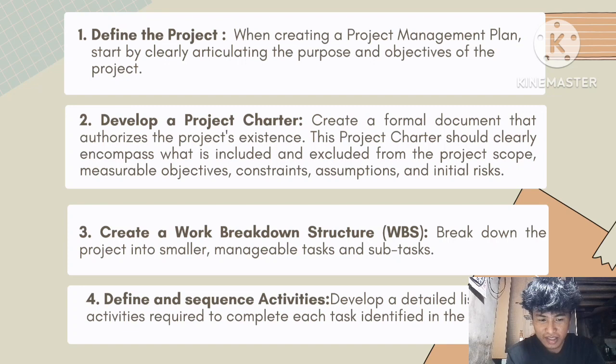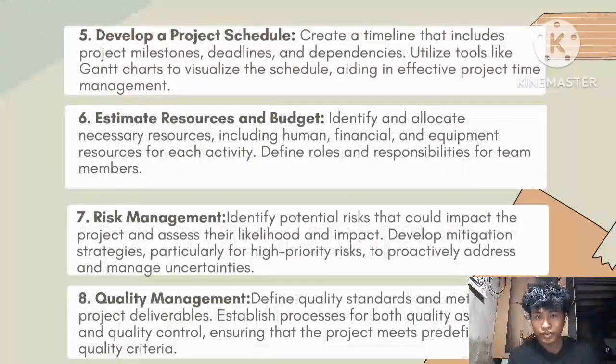Develop a detailed list of activities required to complete each task identified in the WBS. Number 5, develop a project schedule. Create a timeline that includes project milestones, deadlines, and dependencies.